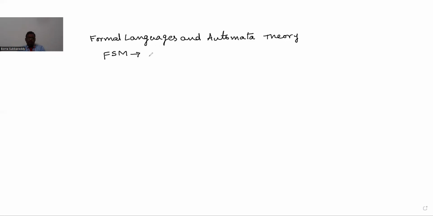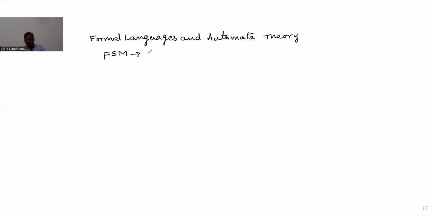So, what is the finite automata? The basic idea is to design automations for the different languages. So, what is the automation? An automation or finite state machine is nothing but an automaton with a finite number of states.